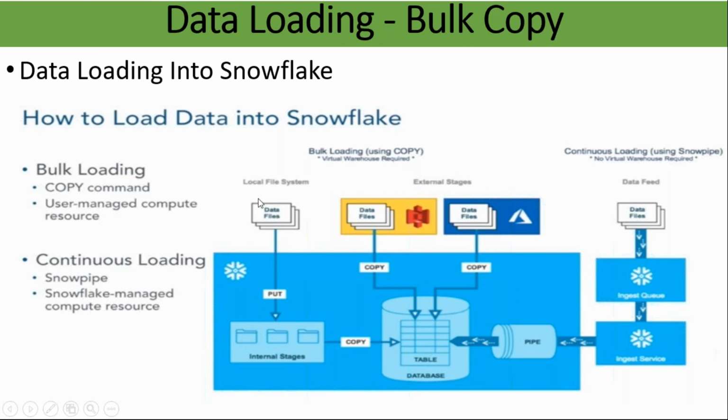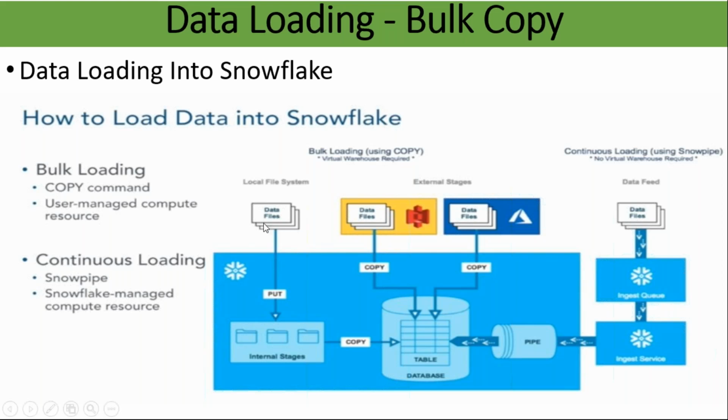You are trying to get the goods from some vendor. Before reaching the customer, they will put that parcel in some temporary warehouse location, right? Am I correct? So that is nothing but your internal stage.